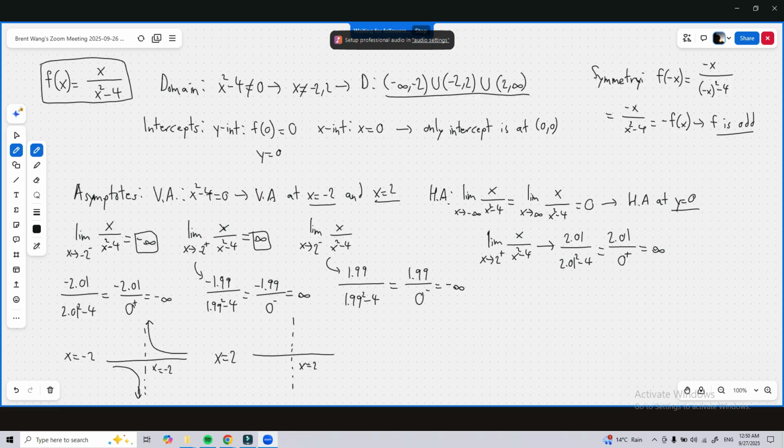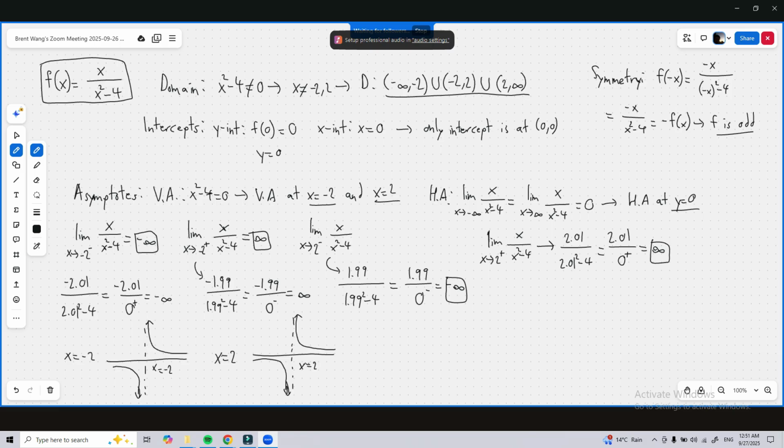From the left-hand side, it would go to negative infinity, as demonstrated here. And as x approaches 2 from the right-hand positive side, it would go to infinity, demonstrated here. Horizontal asymptotes, x approaches negative infinity and infinity.